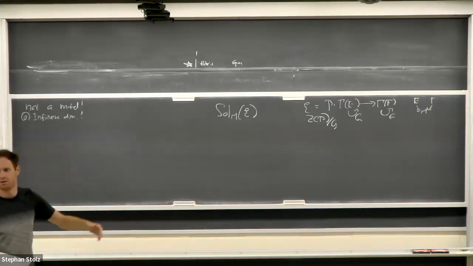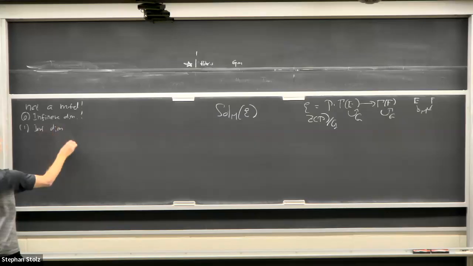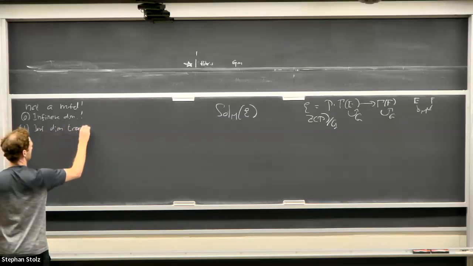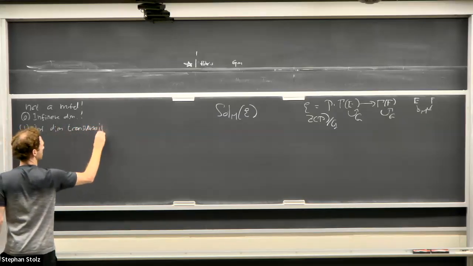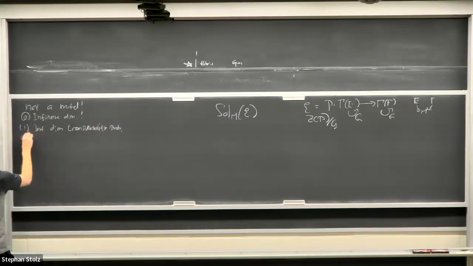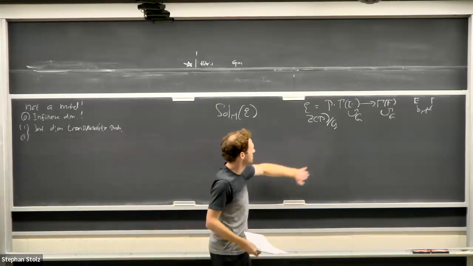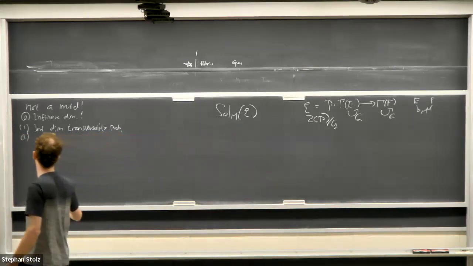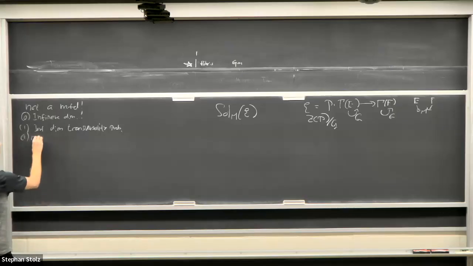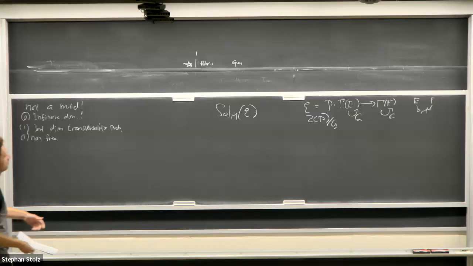And so we might have infinite dimensional transversality issues. And moreover, this group acts in a non-free, non-proper way. This also introduces singularities of this object.